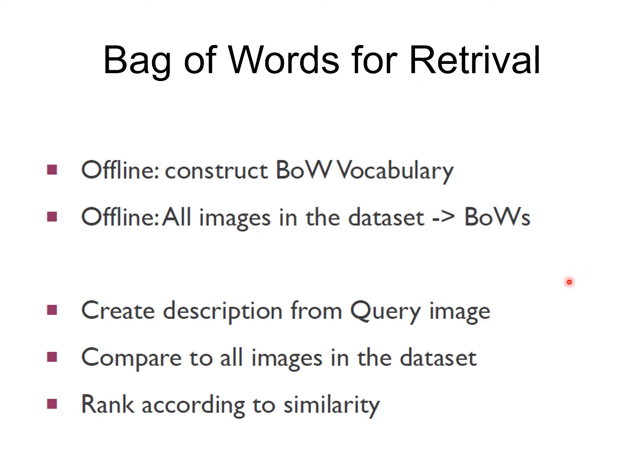Then once a new image comes in, we convert it into the feature descriptor, the bag of words for the query image or input image. Once we get this feature, we compare it to all the images in the dataset in that feature space, and then we rank them according to similarity.